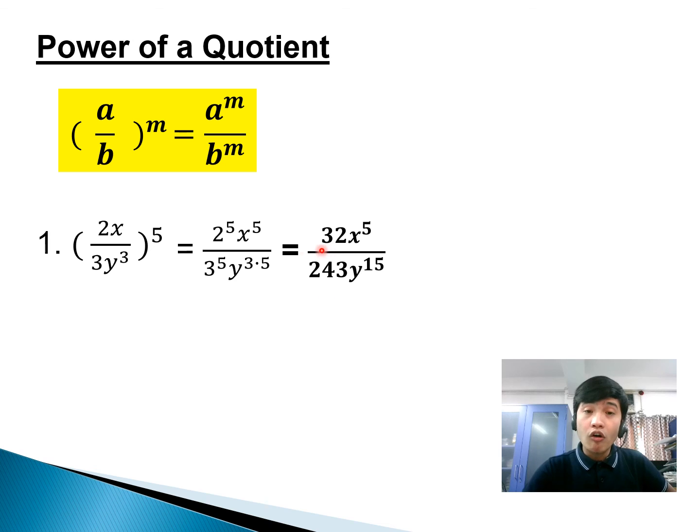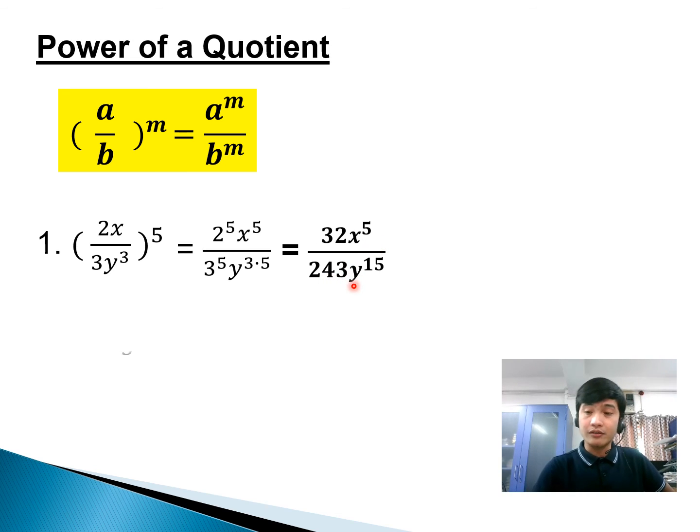And then, over 243. Yung 243 ay simplified form ni 3 to the fifth power. And then y raised to the 15th power. That is 3 times 5 kaya naging y to the 15th power. So therefore, the fifth power of 2x over 3y to the third power, that is equal to 32x to the fifth all over 243y to the 15th power.